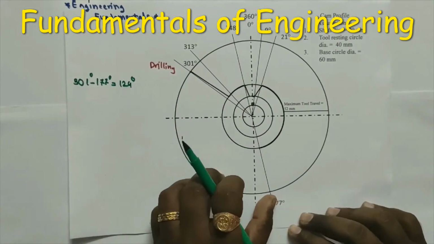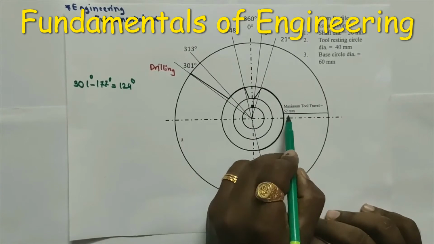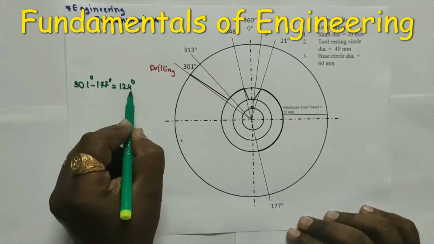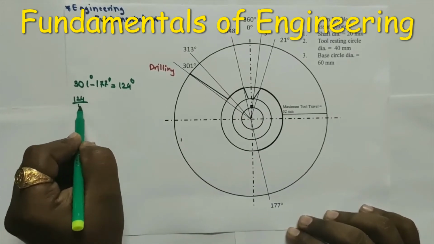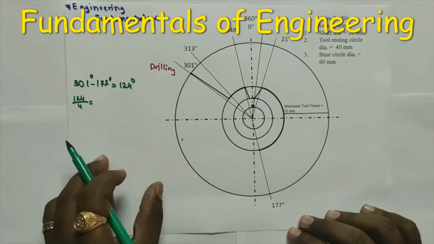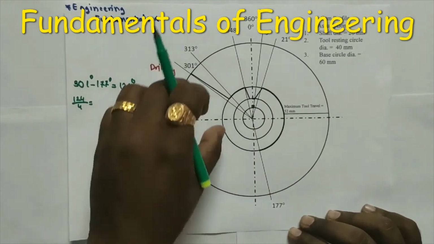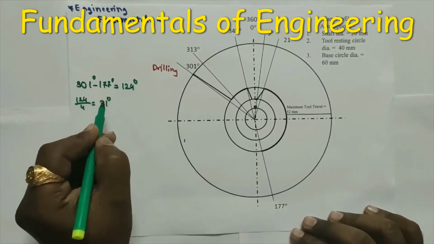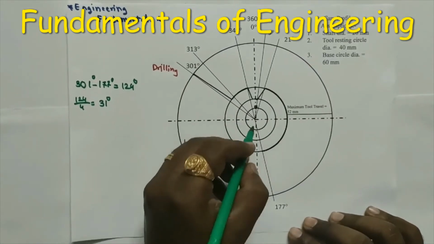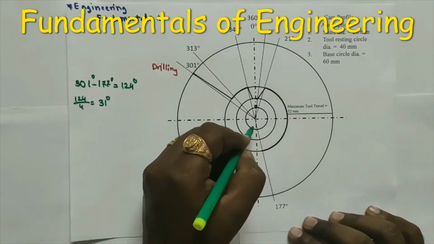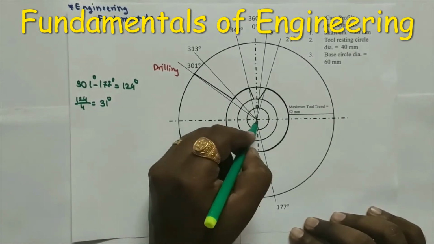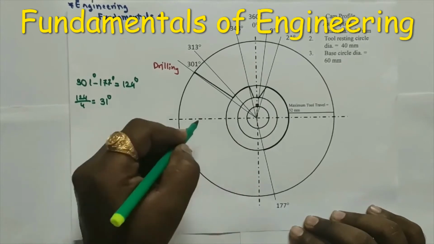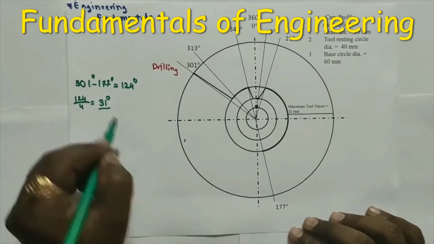To complete this maximum travel of 52 mm, we divide this 124 into 4 equal parts. So one part is 31 degree. For each 31 degree, by taking the protractor, we draw lines, successively adding 31 degree.